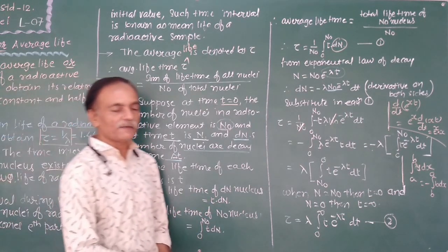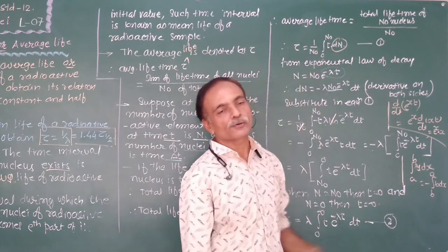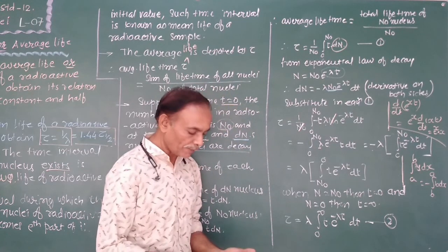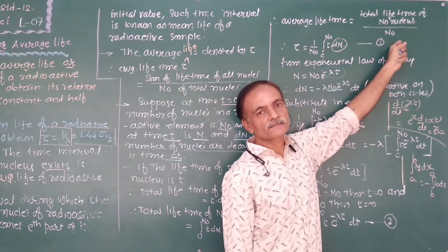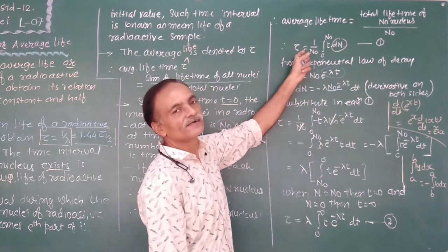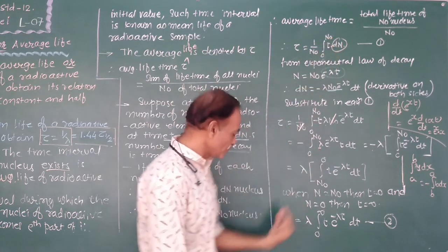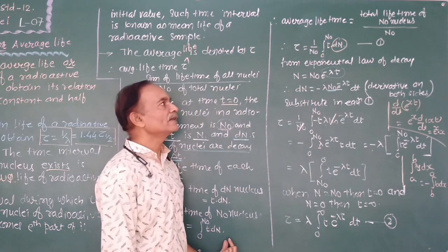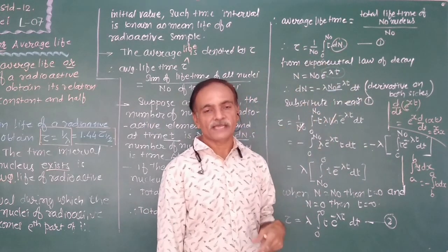Now our definition of average lifetime: average lifetime is equal to the total lifetime of n0 nuclei divided by the number of nuclei. Therefore, average life tau is equal to 1 upon n0 integration 0 to n0 t dn. Equation 1. Here we have to substitute the value of dn.